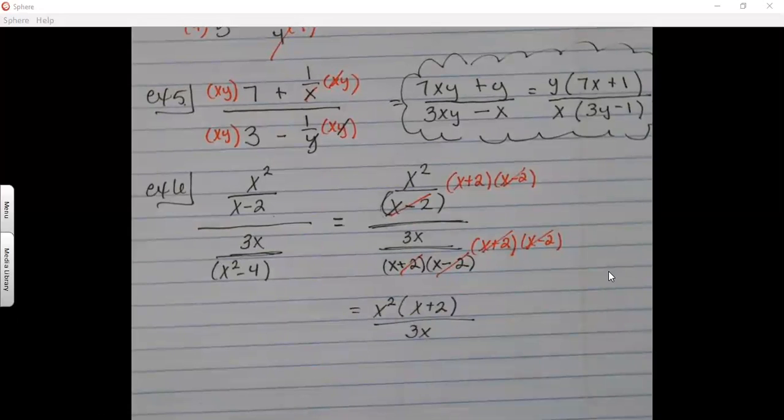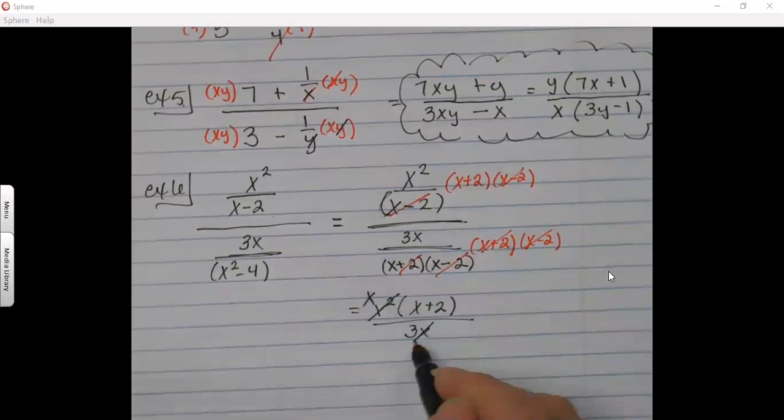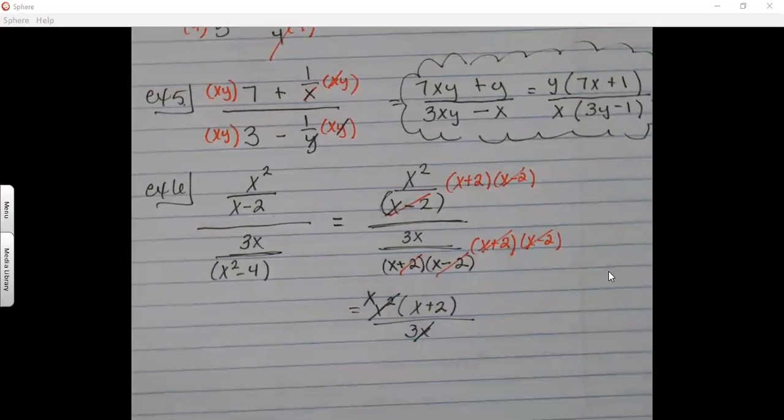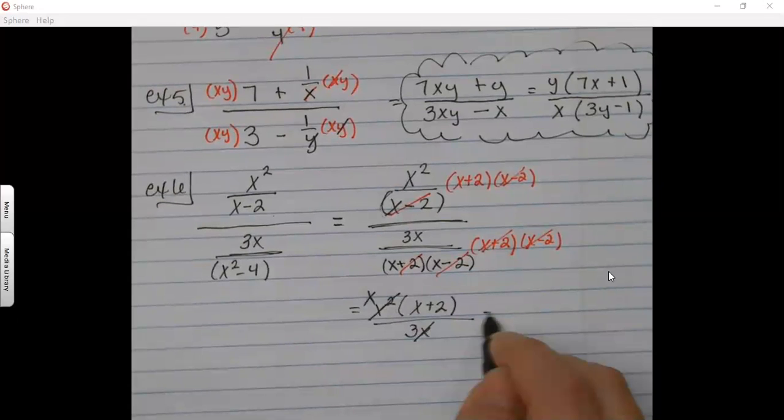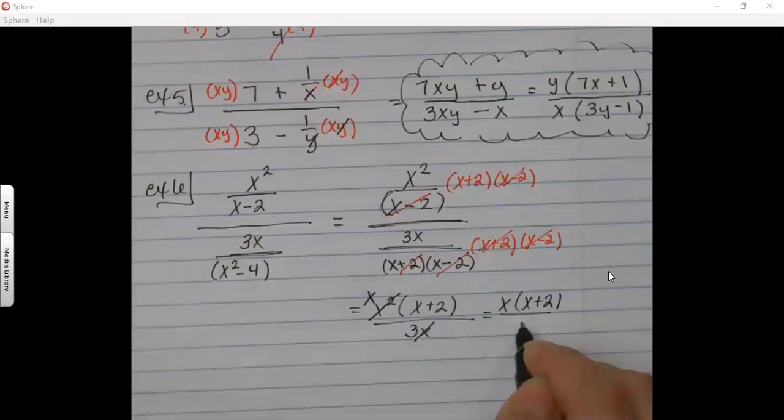I can reduce that because x squared divided by x is just x, right? x divided by x is 1, we just say it cancels. So I have left x times x plus 2 over 3, or I could say x squared plus 2x quantity divided by 3. Always reduce when you can.